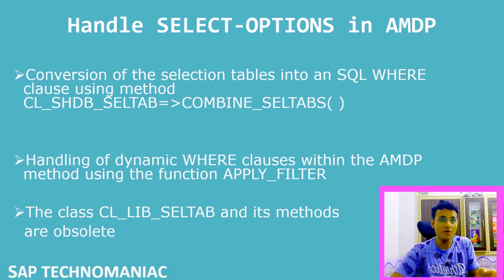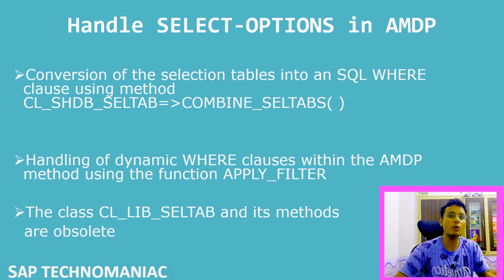That string we can pass to the input parameter of our AMDP procedure or function. Once we pass it there, we can use it to filter out the data. We have one more advantage at the SQL script level: the function APPLY_FILTER, where we can use that string, pass the table on which we want to filter, and filter out the data.